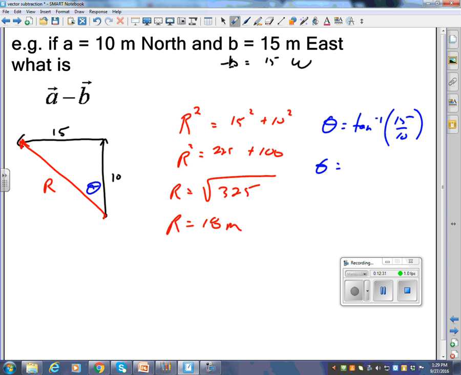That's 56.3, we'll just say 56 degrees. Now how am I done? I'm going to put the direction. So this would be north, 56 west.